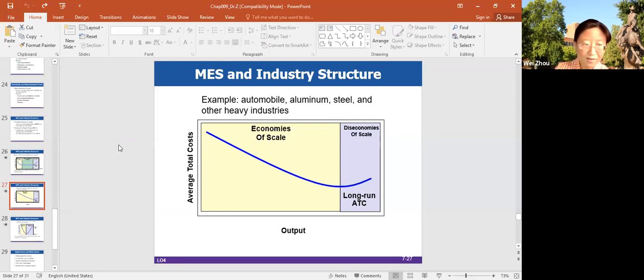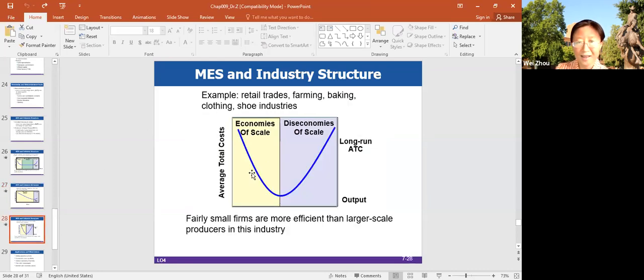Okay, however, let's look at another case. Retail, farming, baking, clothes, shoe industry: they are like this. It's pretty easy for them to reach the minimum efficient scale. So in that case, there are more firms in this industry. Any questions?